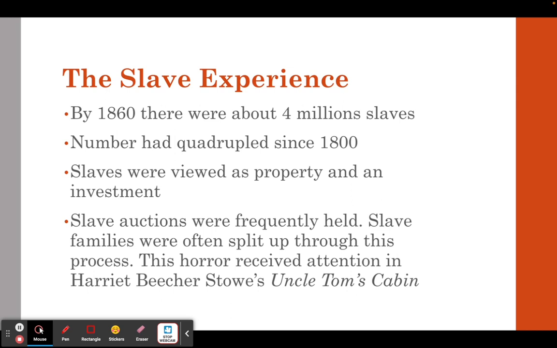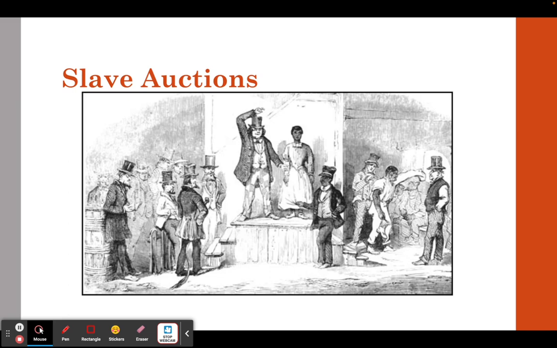And that was intentional, the fact that these families were ripped apart. It was meant to be traumatizing. It was meant to keep people in their place. And this is kind of, again, the horrors that we need to see of slavery.